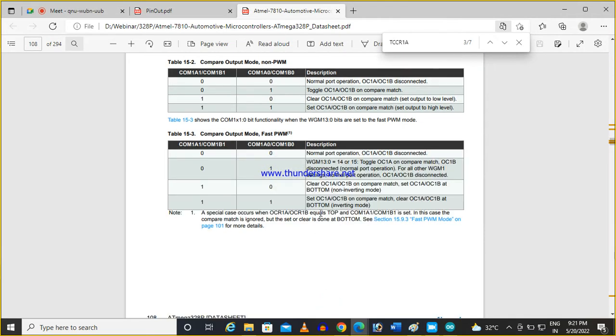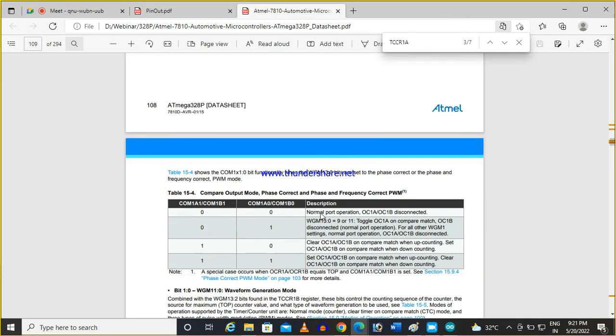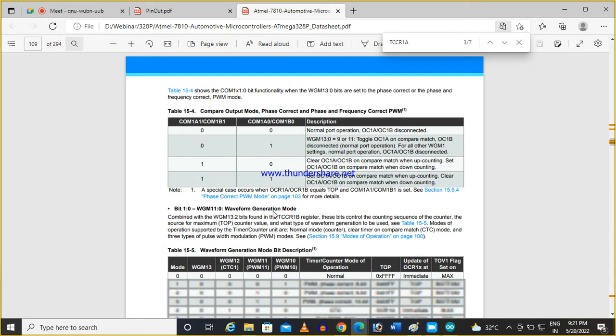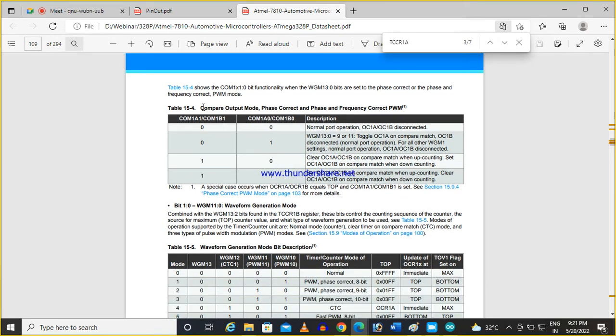Now if I go to the PWM mode table, as I told, I am using output compare mode, and it is phase correct PWM mode. If it is 1, then set OC1A on compare match when up counting and clear while down counting.